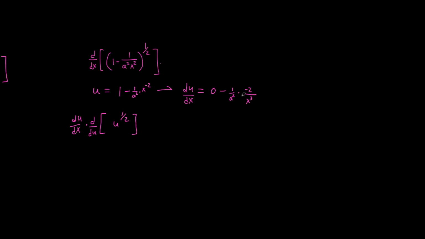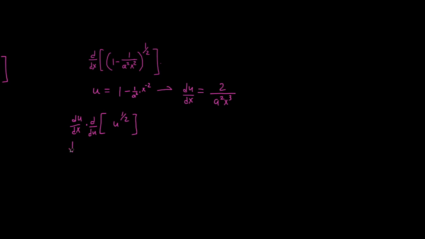And we're going to get a negative times a negative, which is a positive, so we can get rid of these negative signs, and the 0, because the 0 doesn't do anything, and that's going to be 2 over a squared x to the third.